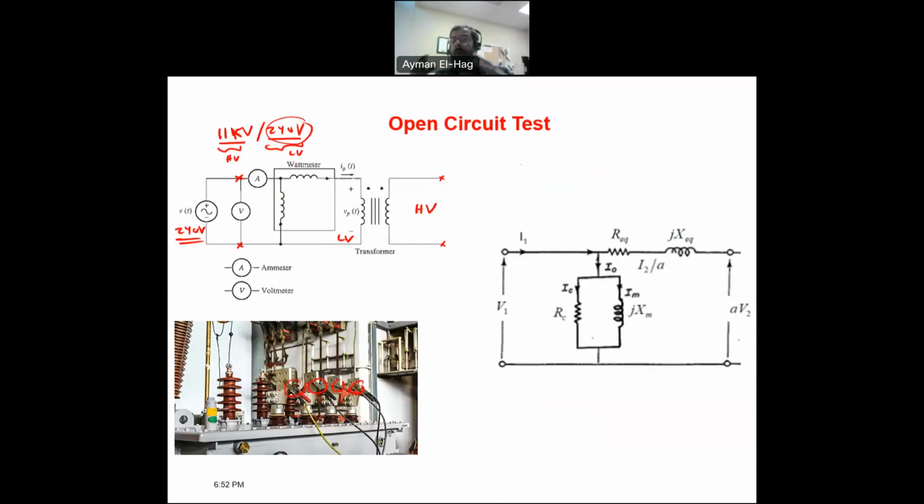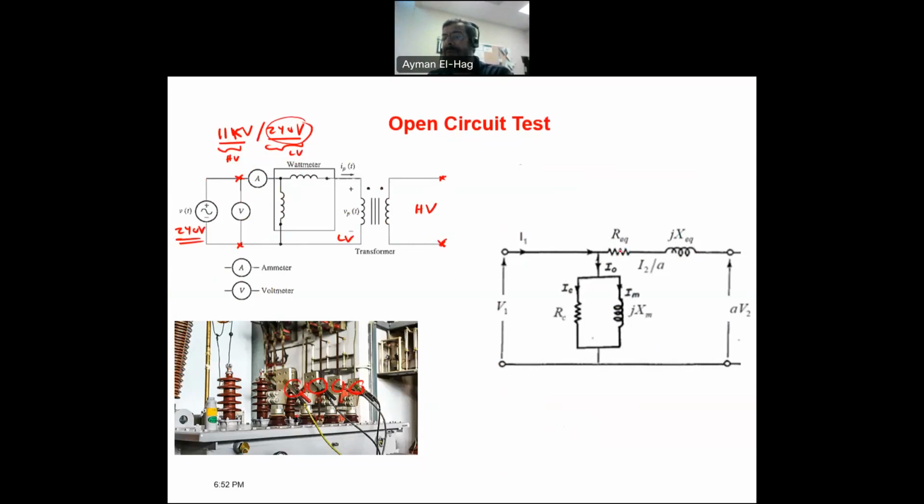And we measure how much power the transformer is consuming at no load. The reason why we call it no load or open circuit, same thing, is because there is nothing connected to the other side of the transformer. We're applying a voltage from one side and the other side is open circuit, or there is no load connected to it. So we have three parameters that we are measuring.